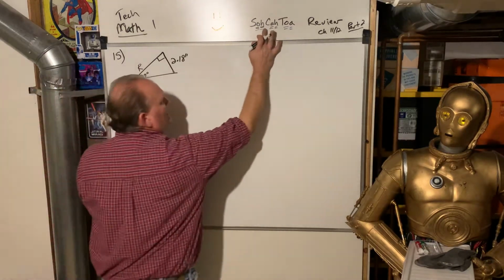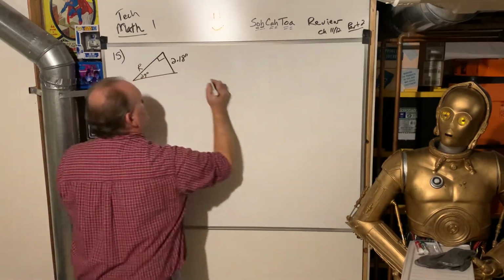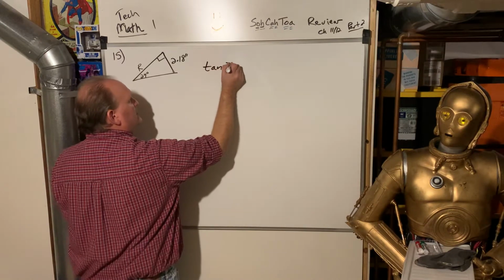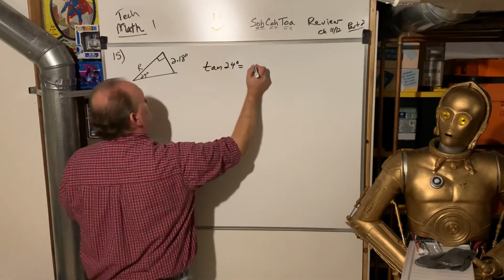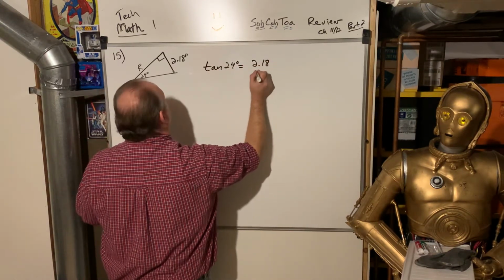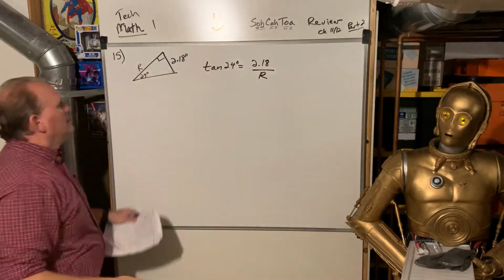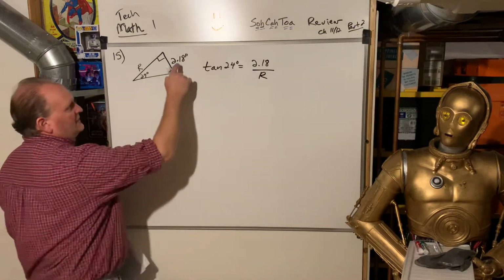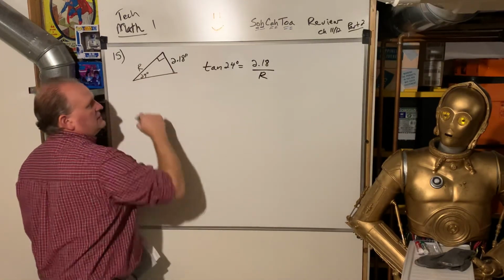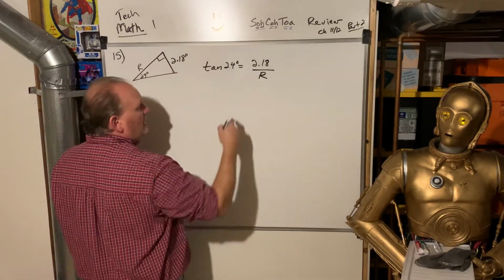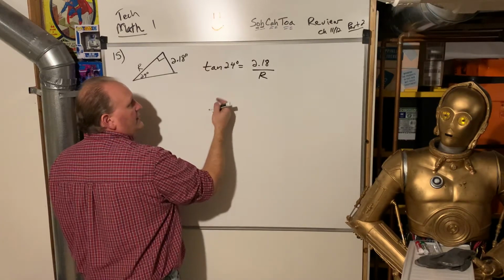So we don't have the hypotenuse, so it's not sine or cosine, it's tangent. So the tangent of 24 degrees is equal to 2.18 over r, okay? Opposite over adjacent. And now we solve for r.